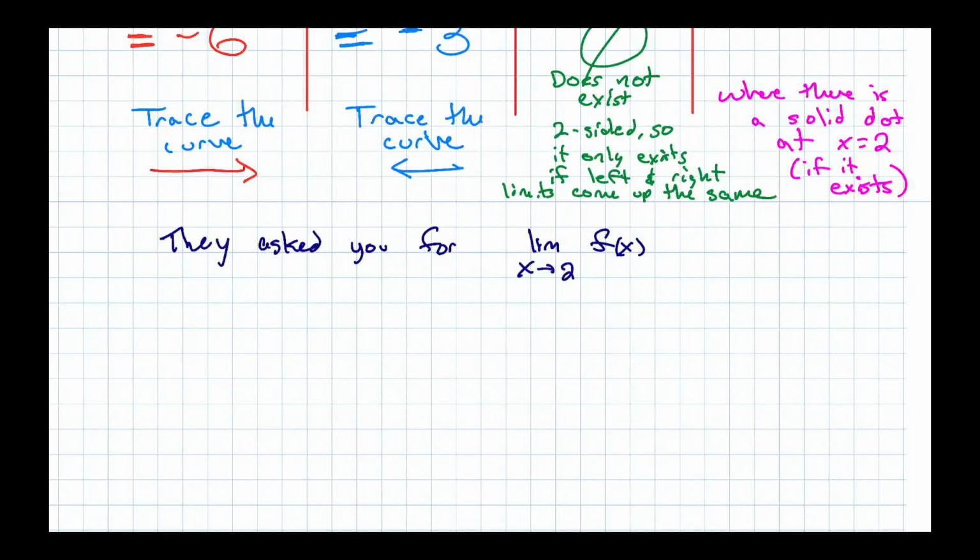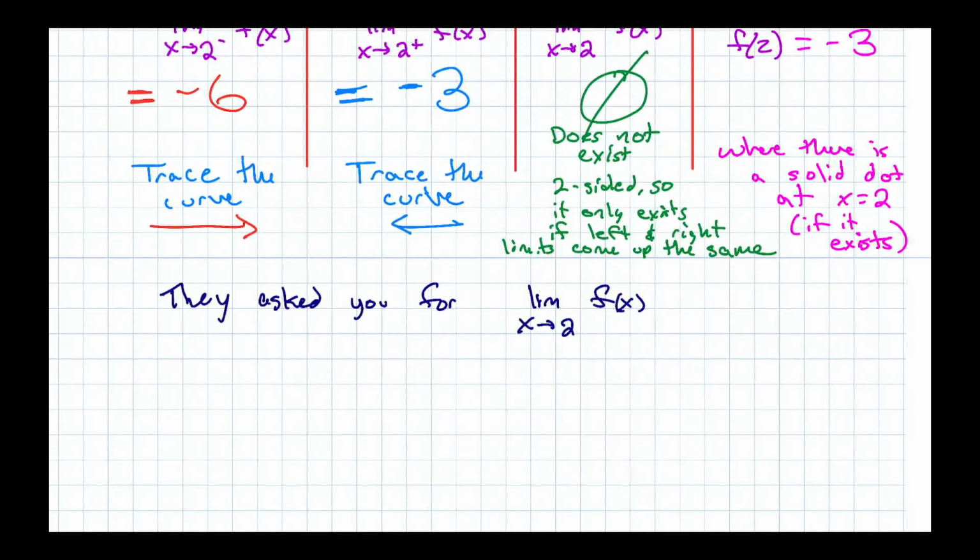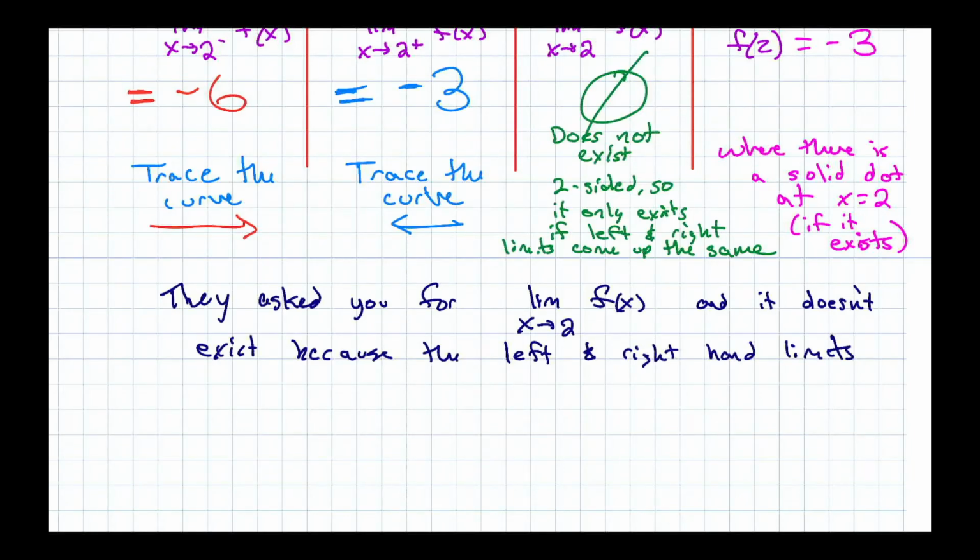And it doesn't exist because the left and right hand limits are not the same. Right? So the answer should have been that, which is the empty set, which is how they say that there's no answer.